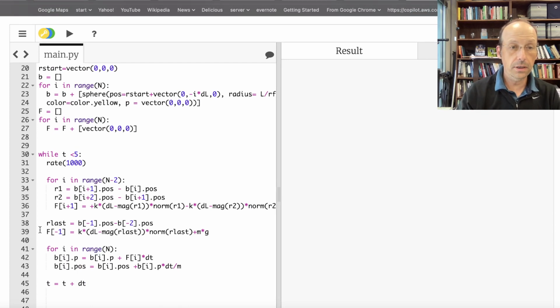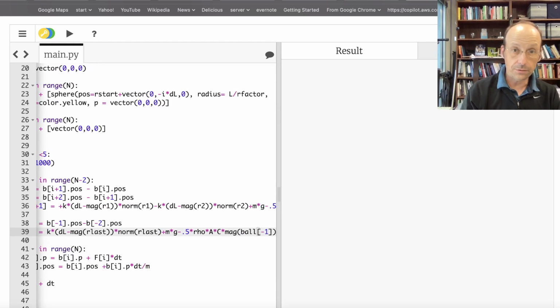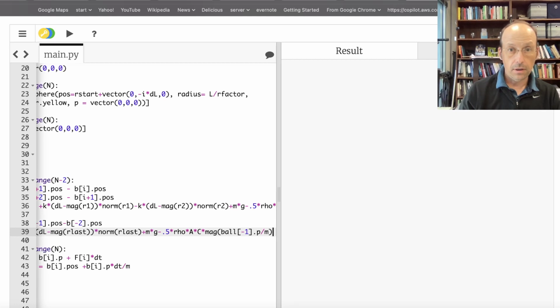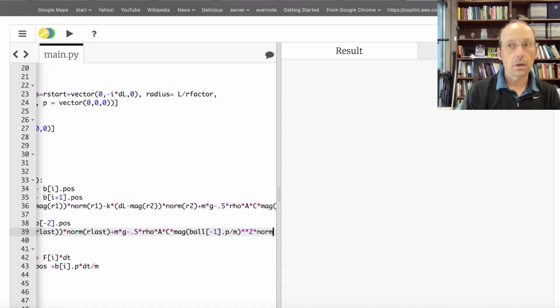Now I need to do it for the last one. The last one doesn't have a drag force on there, so I need to add that in manually. So I'll just say the same thing. Minus 0.5 times rho times A times C times mag of ball -1, the last one, dot P divided by M, all of that squared, times norm. Aha. It's the velocity of the ball with respect to the air.